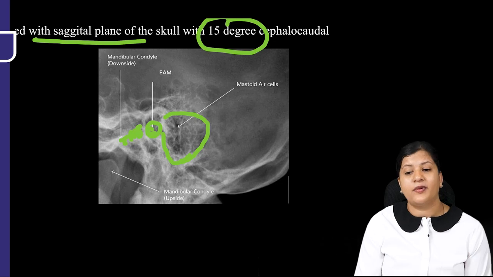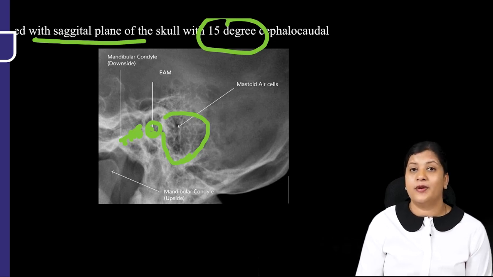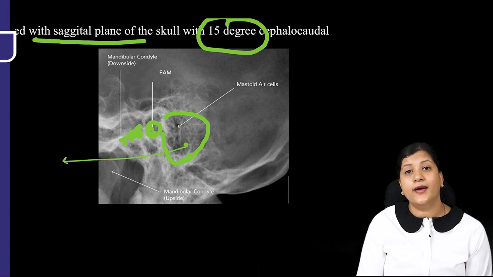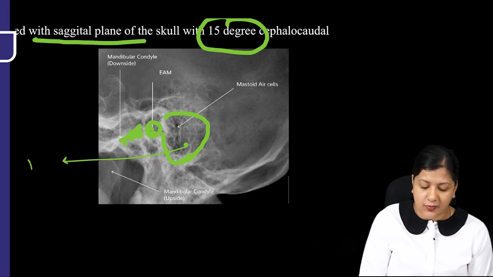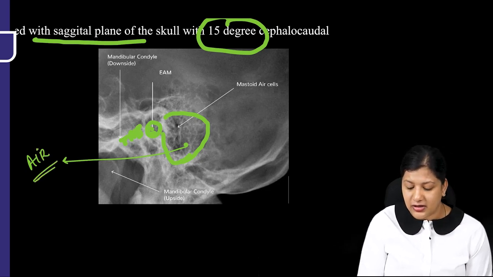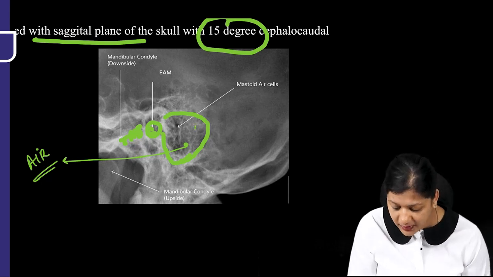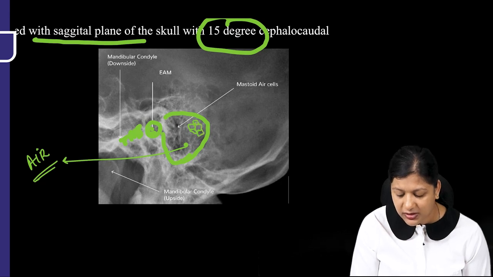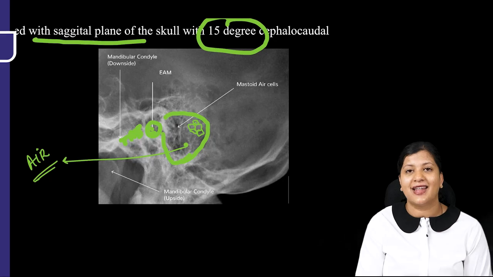So we are able to appreciate the canal, the mastoid air cells, and the pneumatization pattern. We are able to see how much of the mastoid is hazy and how much is air-filled. Here you can see it is air-filled, you can see numerous septa. So there is one septum like this. So there are septations between the air cells. So these septations can be understood, pneumatization can be understood.